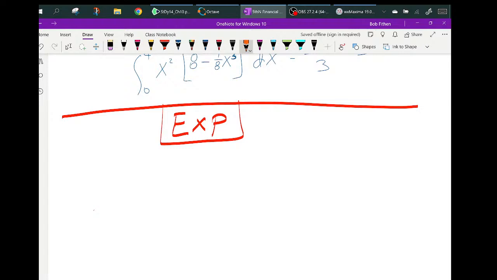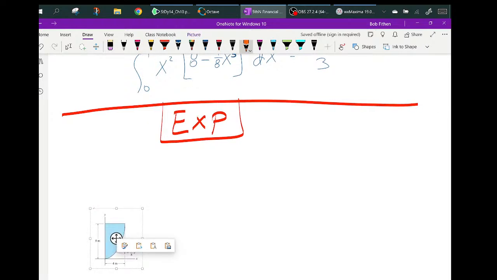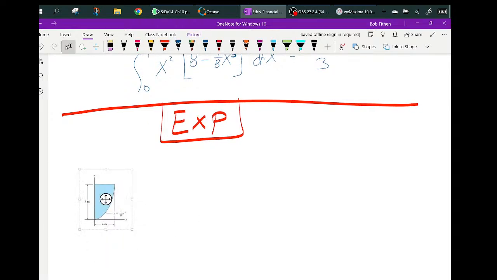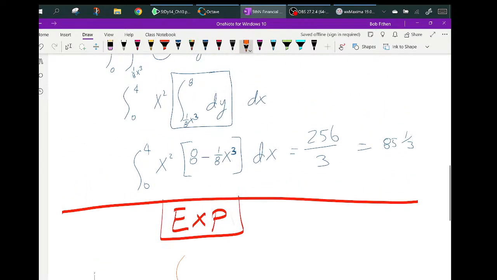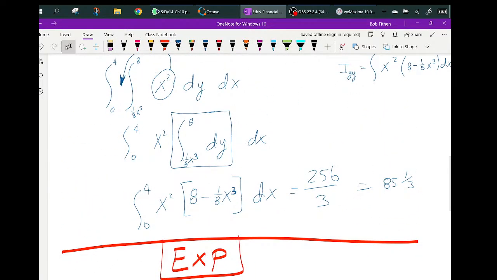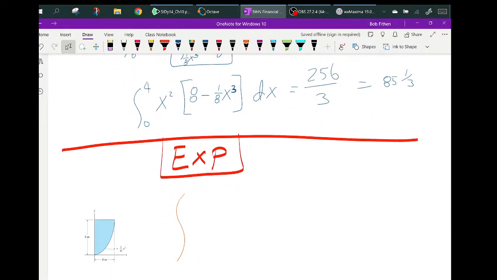So here I drop this thing, and I just want to make life very interesting by integrating dx and then dy.